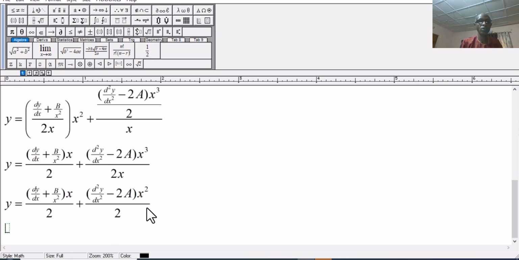So let's see how we can go about simplifying this further. So you have y equals, 2 is common to both sides, so we can multiply both sides by 2.